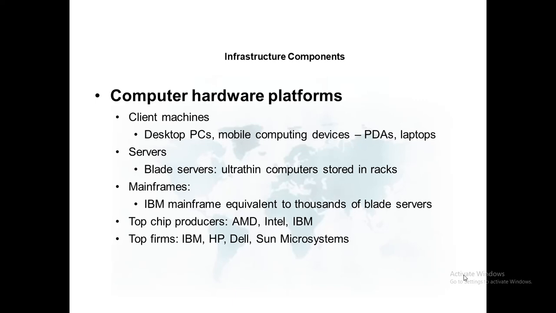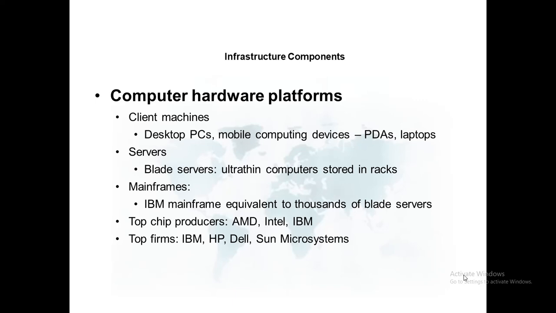Then we have top chip producers, those who manufacture computer chips, let's say the microprocessor chips. As you know, companies that manufacture the computers are not the ones that manufacture the microchips.